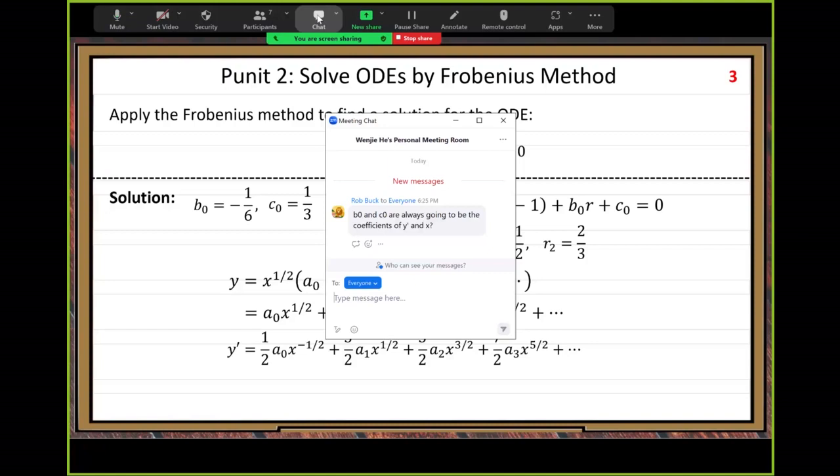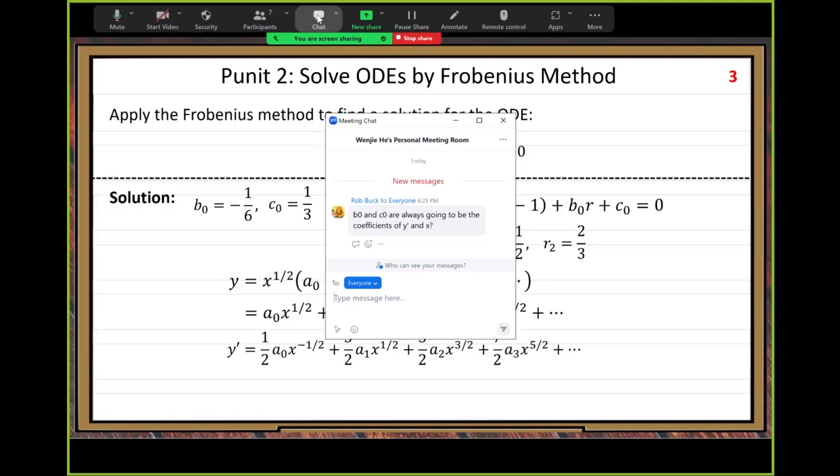First, the ODE should be in this form: x times y double prime. If it is x squared, then it will change. So it should be in this form, x times y double prime. Then you look at the y prime coefficient, which should be a power series, b of x.